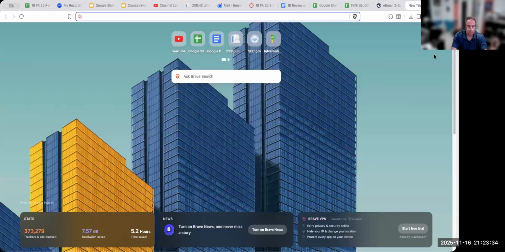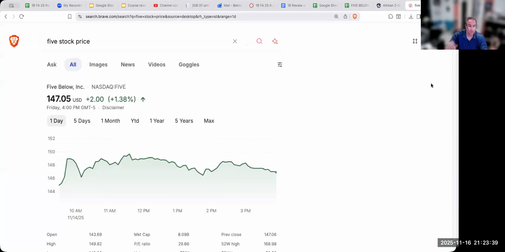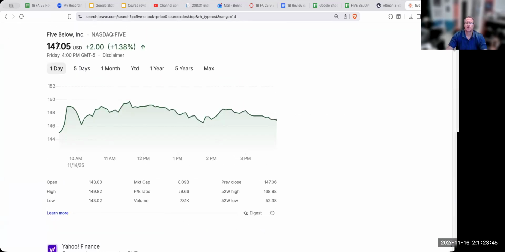So over here, the market cap is 8.09 billion. Let's see how accurate that really is.